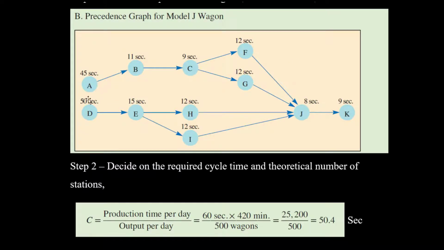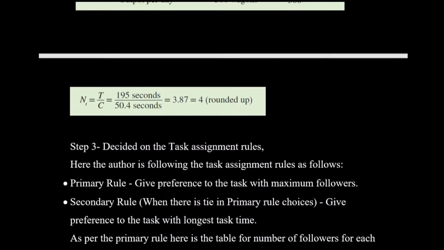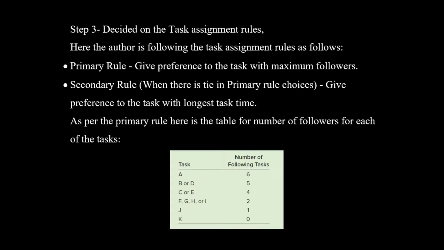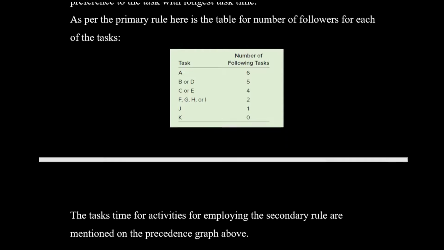So with that, in our first workstation, which activity can we have? For that we need to first look at our primary rule: give preference to the task with maximum followers. So obviously A will be the first task allocated to the first workstation because it has the maximum followers.